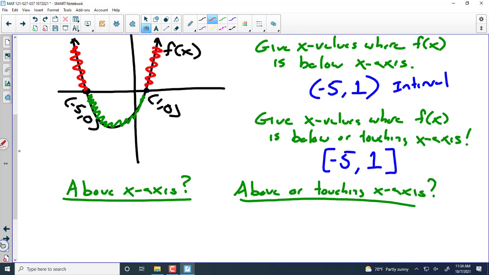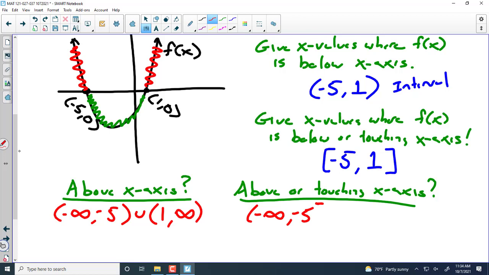Does everyone see that? So negative infinity to negative 5, and 1 to infinity. And just like before, when it's touching, we will use brackets to say at those two intercepts it's actually touching the x-axis.